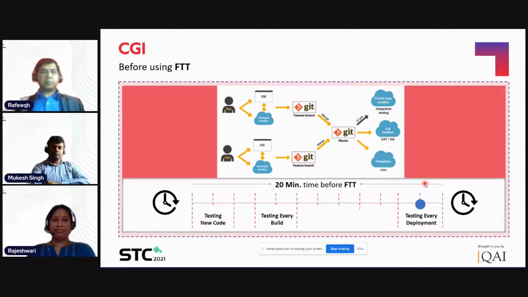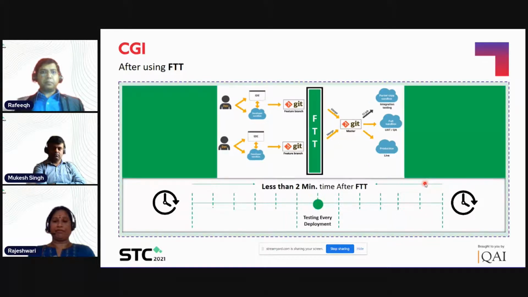But after FTT was introduced, we use FTT in between this merge. For every commit done by the developer, FTT helps us validate that particular piece of code, and once the tester approves, it gets merged. FTT immediately deploys the code in whichever environment we want.